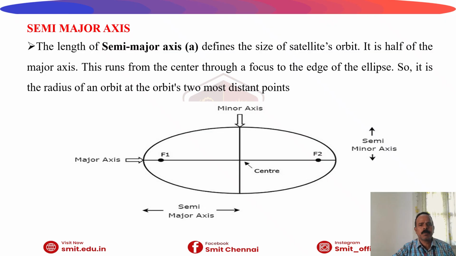Then coming to the semi-major axis, from the diagram we can see the major axis covers from F1 to F2 and has a center. One half of it is called the semi-major axis. The next one is the semi-minor axis, which is the axis in the vertical position, while the major axis is in the horizontal position.